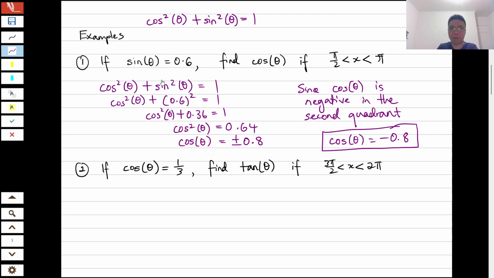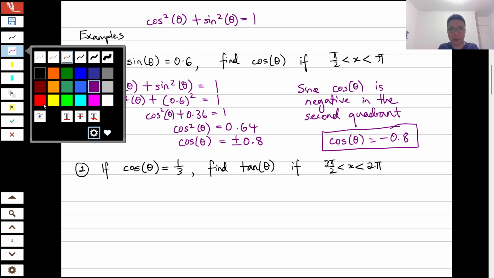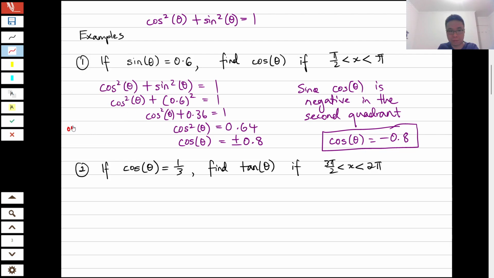Another way to solve this problem would be to draw a right-angled triangle with side lengths. So this is 3/5, right? So if this is theta, I could call this side 3 and I could call this side 5. And using Pythagoras' theorem, I will get 4 for the adjacent side. And cosine of theta is 4 on 5, or 0.8.